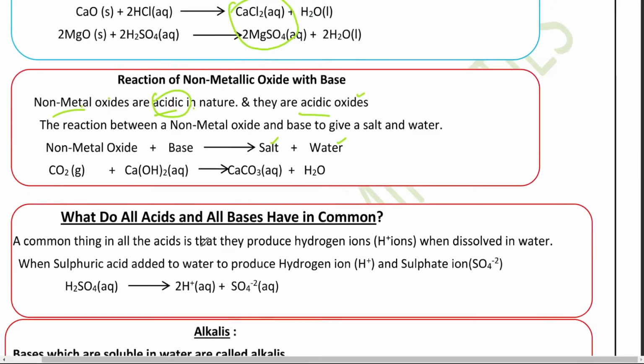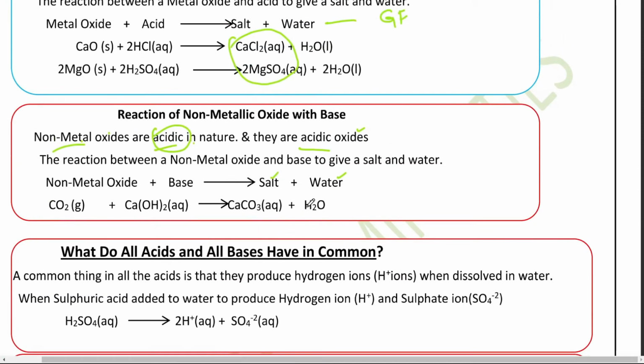Next, what do all acids and all bases have in common? A common thing in all the acids is that they produce hydrogen ions when dissolved in water. For example, when H2SO4 is dissolved in water, we get the hydrogen ion separated from the sulfate ion.